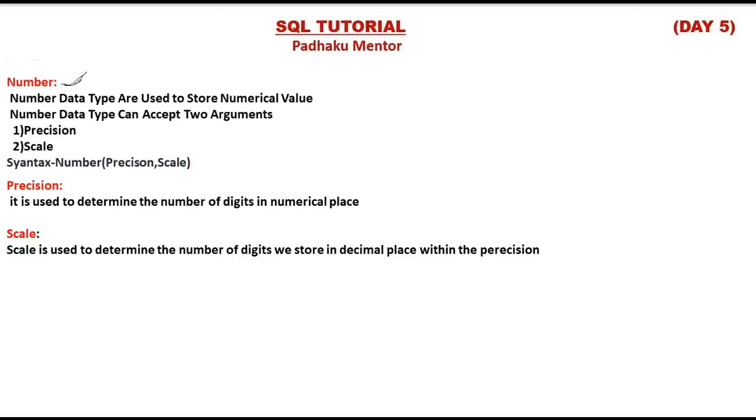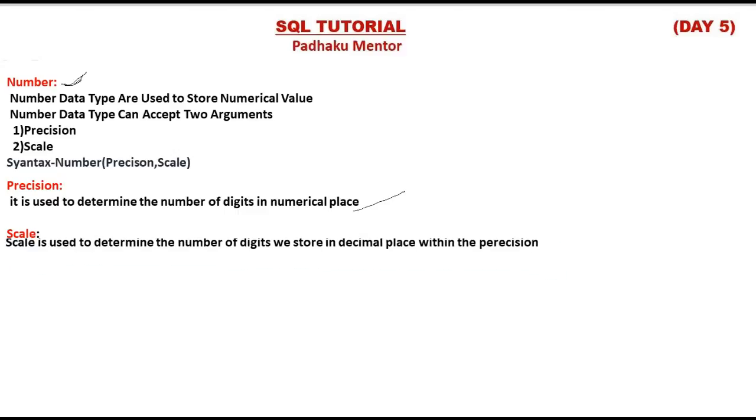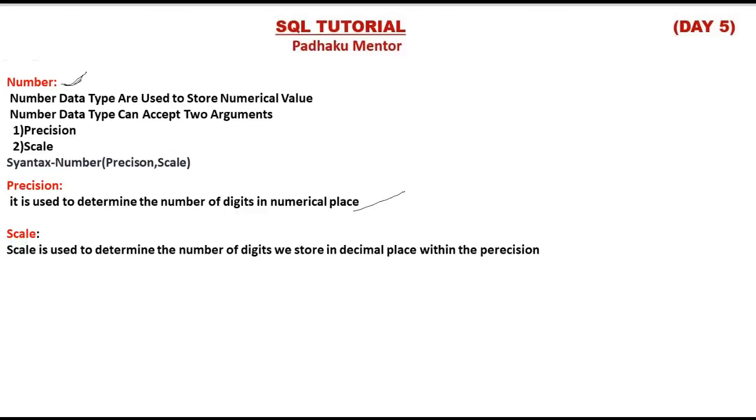Precision is used to determine the total number of digits, and scale is used to determine the number of digits we store in the decimal place within the precision. Understood?